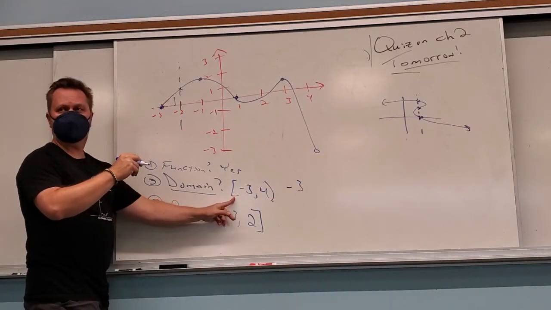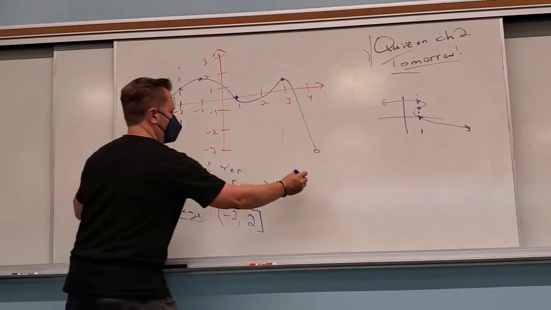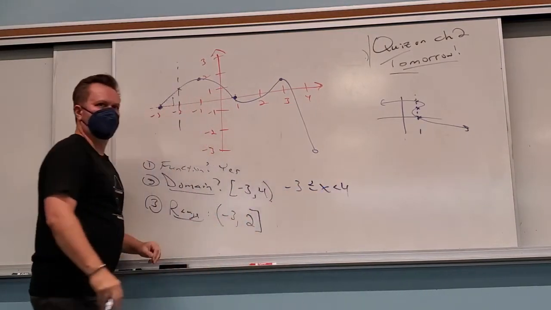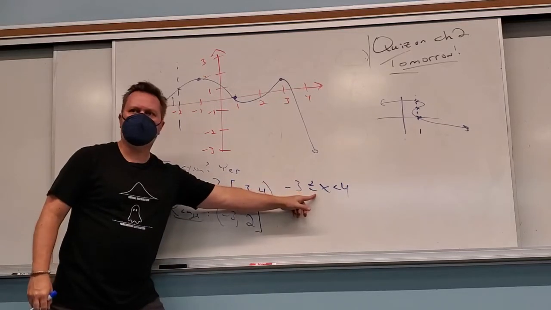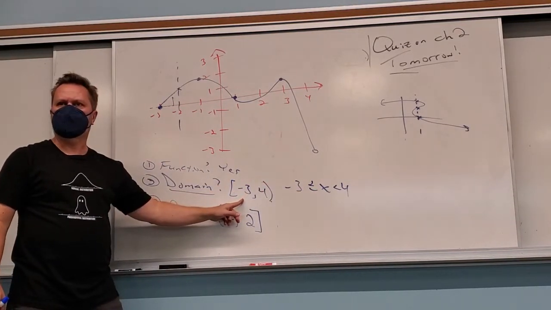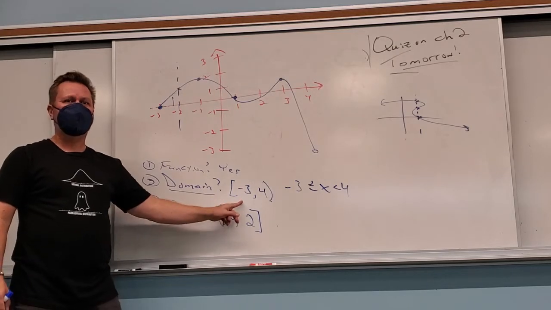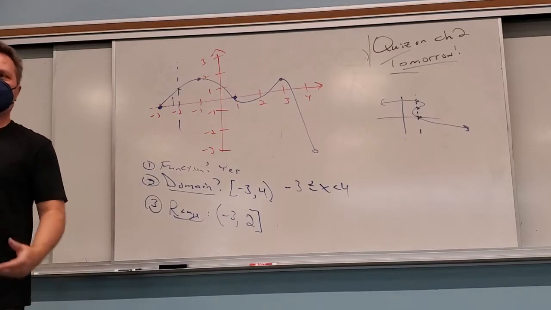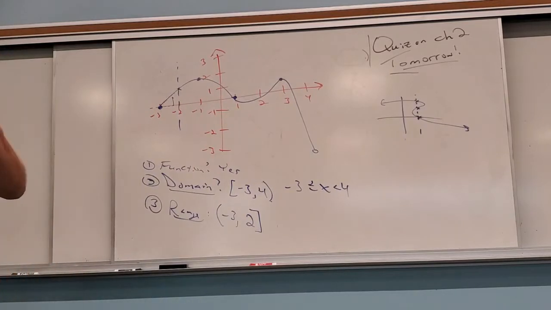Am I including -3? Yes. So that would be -3 less than or equal to x, and I'm not including 4. So this inequality means the same thing as this interval. But if I ask for interval notation and you give me this, that's not interval notation. Not too bad, right? Not too rough.